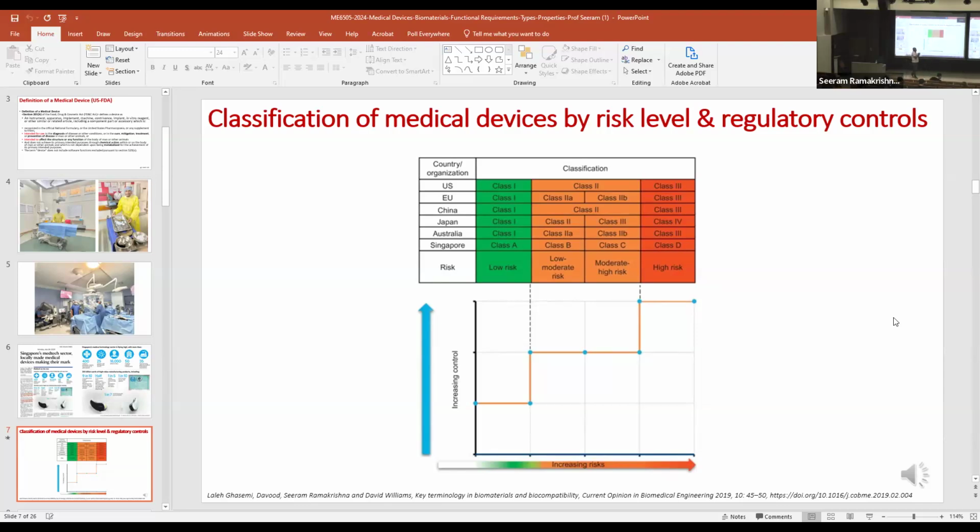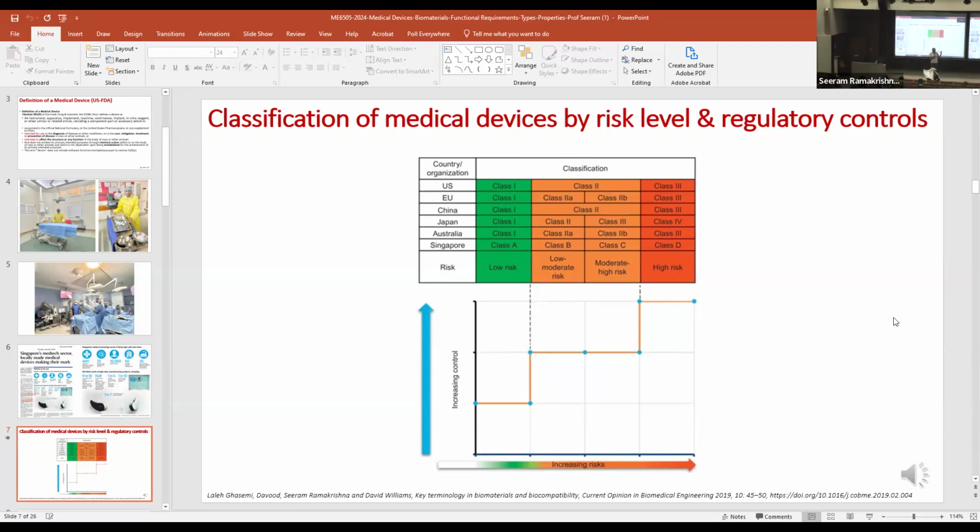So basically, the whole world's devices are class 1, class 2, class 3. But countries like Singapore, the European Union, Japan, Australia subcategorize class 2 into class 2A and class 2B. It's a finer definition. So you can see, based on the country, the definitions change.